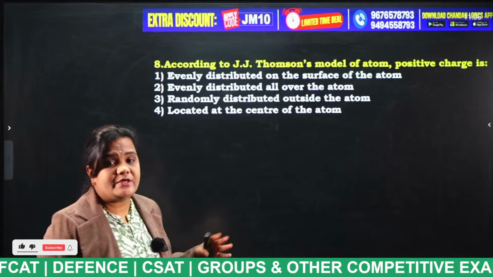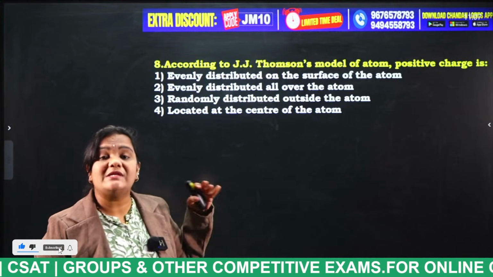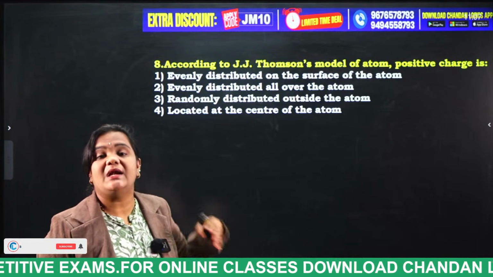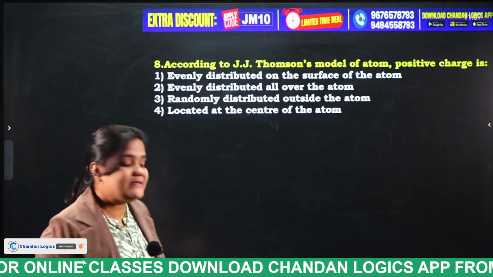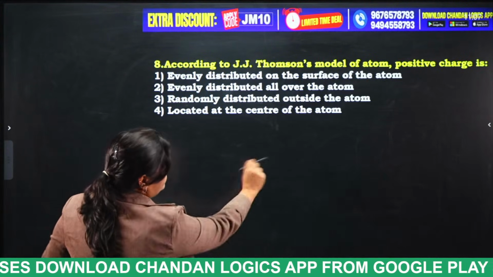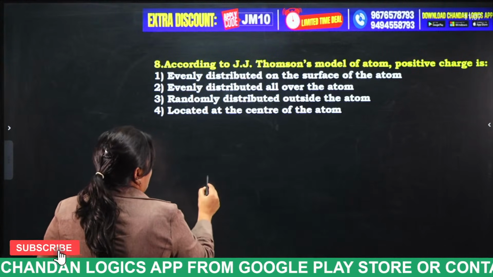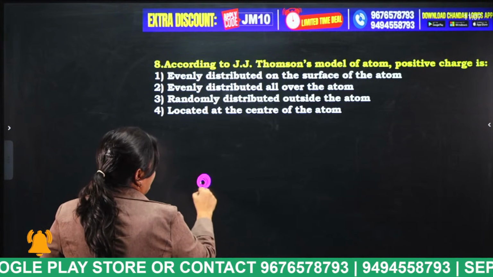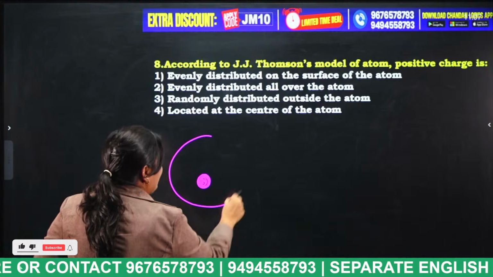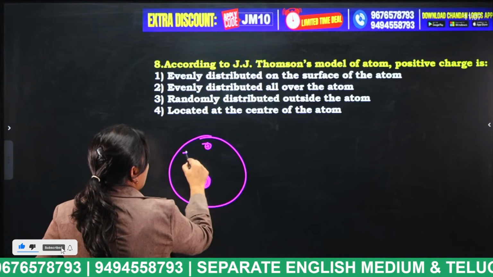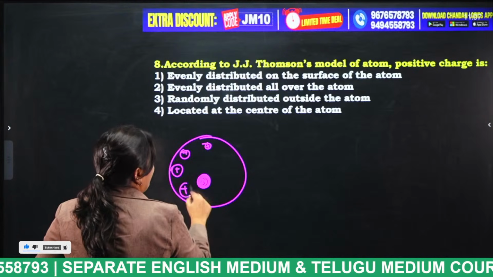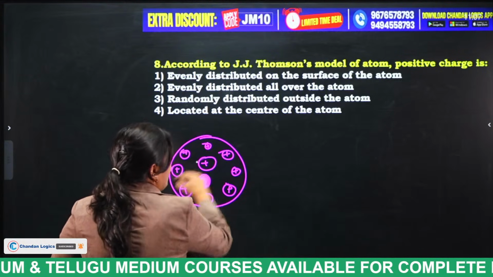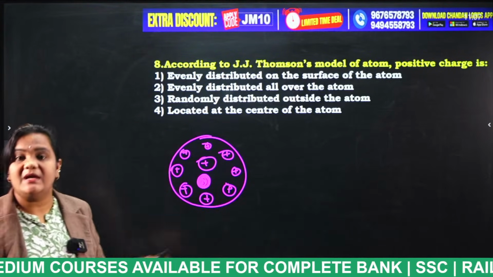J.J. Thomson, who is this person, students? He is the person who discovered the electron in 1897. So he came up with the J.J. Thomson model. What is he saying, students? There is a nucleus, at the center, and there are positively charged protons distributed over all the atom, like how the watermelon seeds are inside the watermelon.